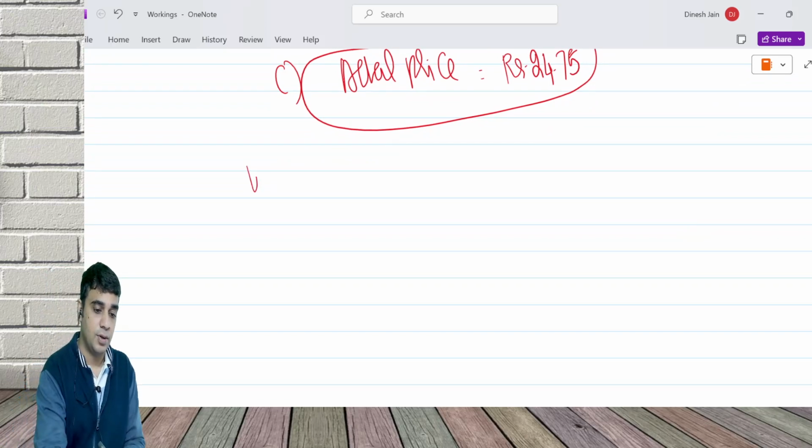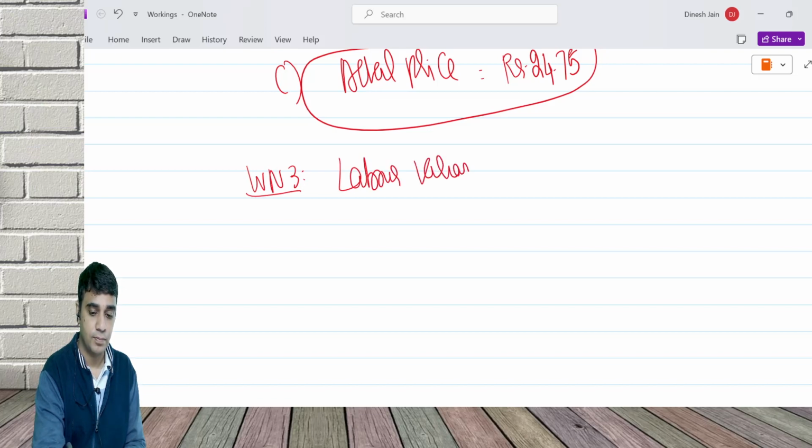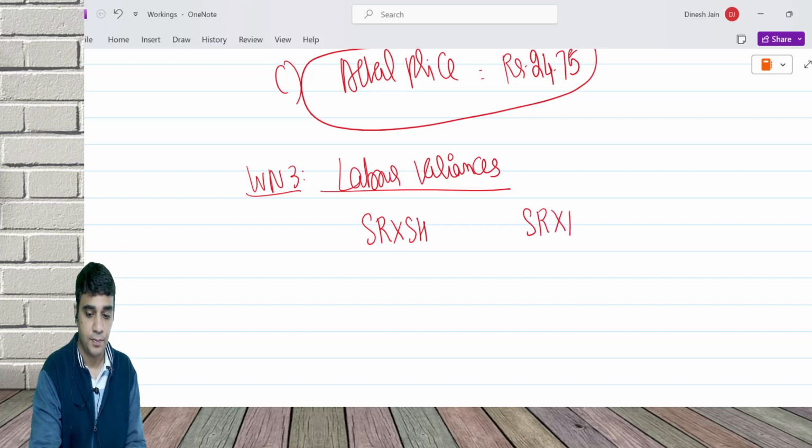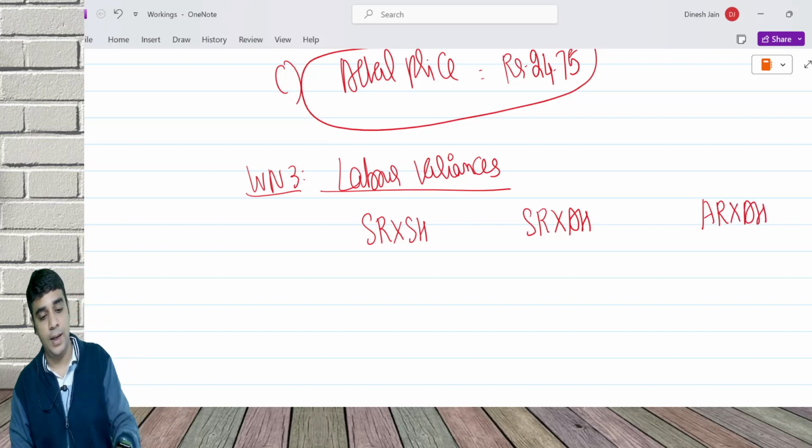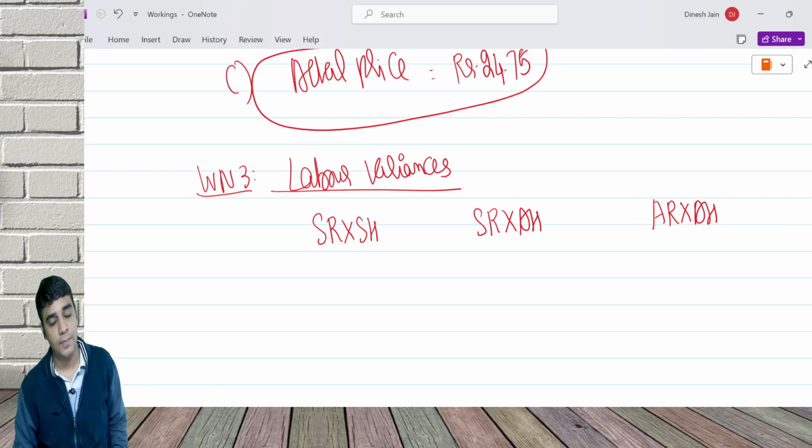Next, working note 3, labor variances. SR into SH, SR into AH, AR into AH. Standard rate into standard hours, standard rate into actual hours, actual rate into actual hours.